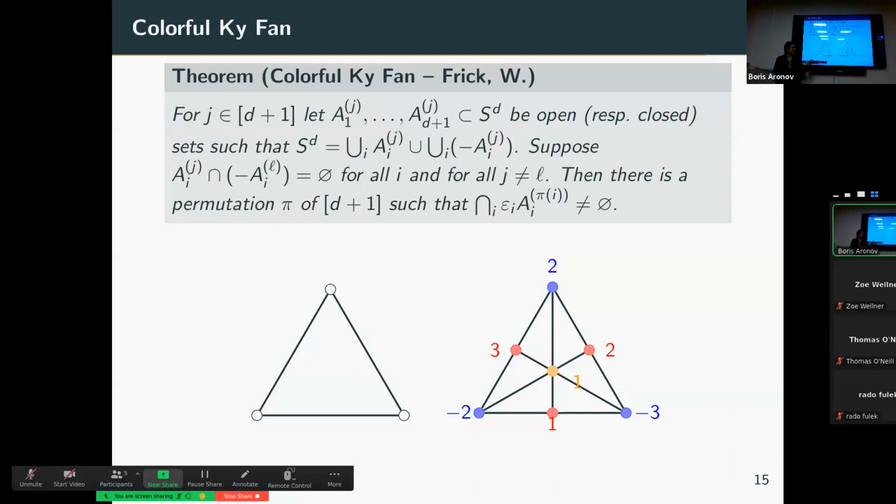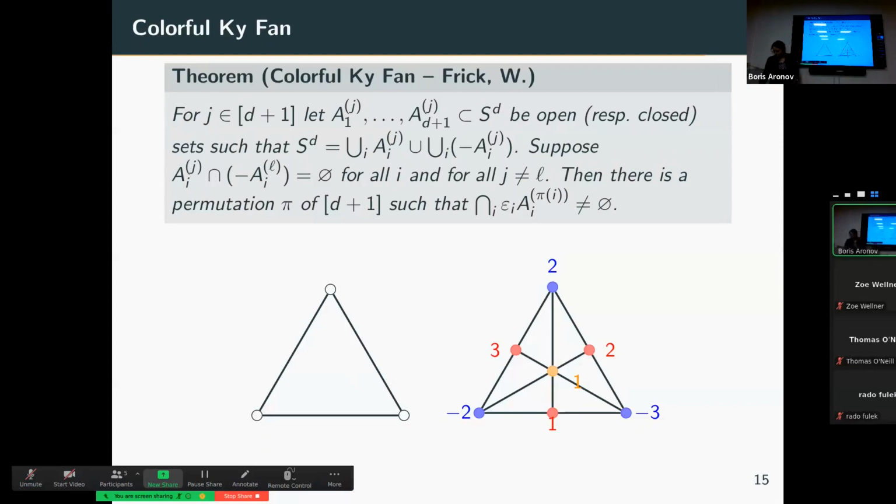And if I have a bunch of these triangles, I can take some point in the middle to be a sequence of points. And as I get finer and finer triangulations, I get a converging sequence of points that gives me my non-trivial intersection of all of these sets and gives me my colorful Ky Fan statement.